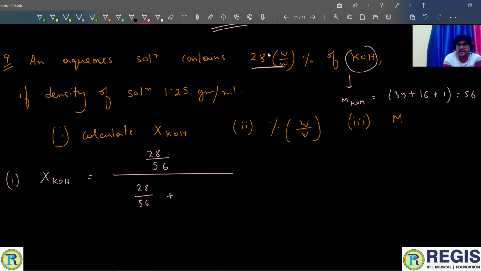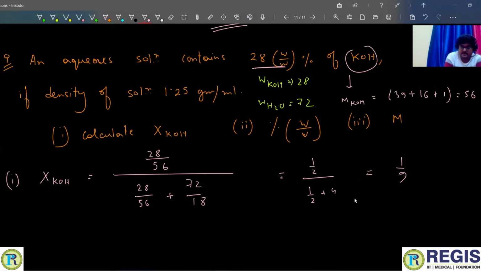Weight of water is 100 minus 28, that means 72, so 72 by 18. After calculation, 1 by 2 over 1 by 2 plus 4, so this becomes 1 by 9. Any doubt regarding this part? So this is the mole fraction of KOH. Next we are moving to weight by volume percent.